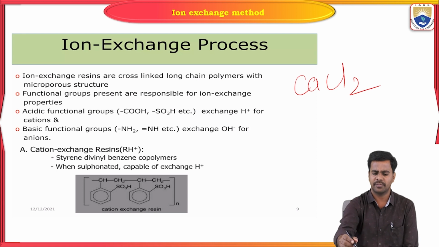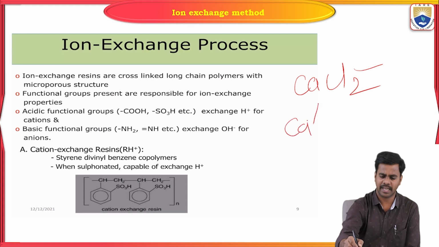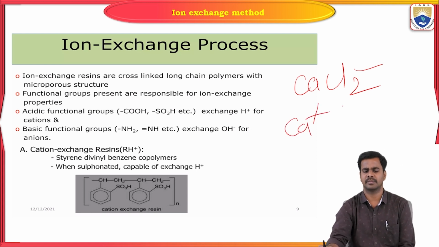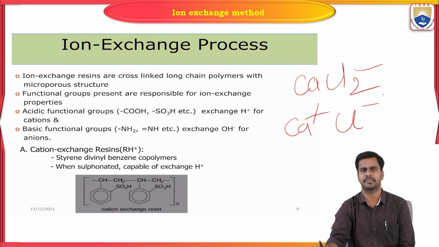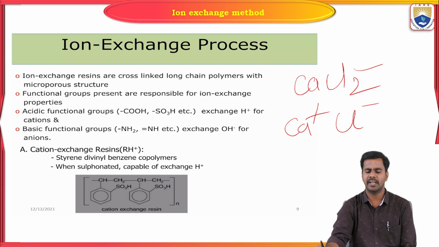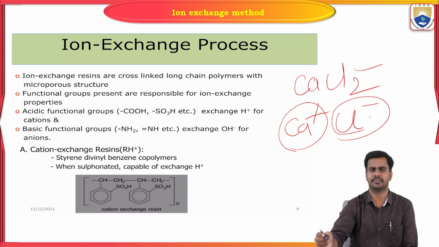Suppose you take CaCl2: here Ca2+ is the cation and Cl minus is the anion. So in the ion exchange method, we can remove both cations and anions.